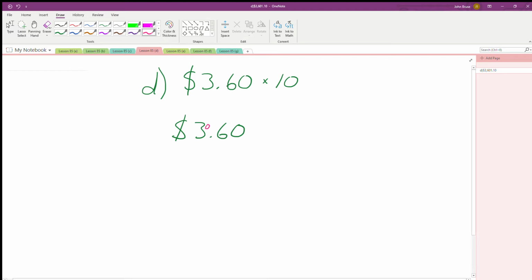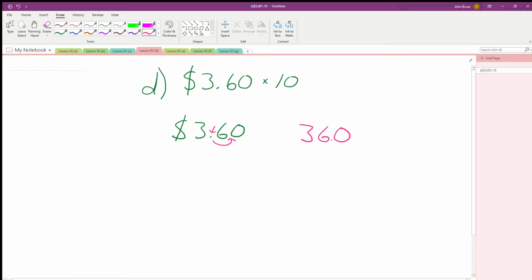So I'm going to show you how to do that. We're going to start by writing down the number 360. Okay, and this 10 means that we're going to be moving this decimal to the right one spot. So we put the decimal there.